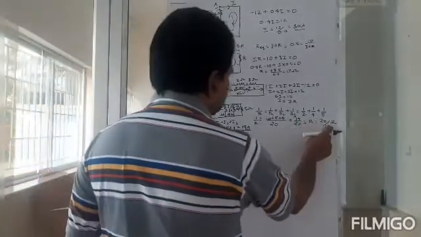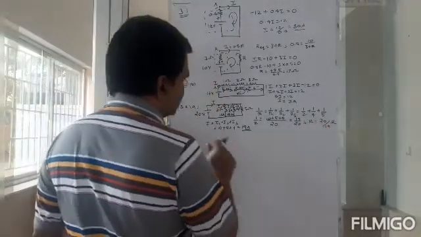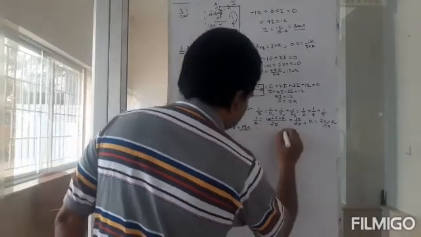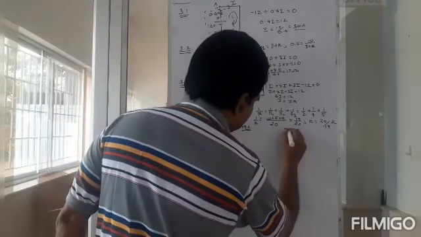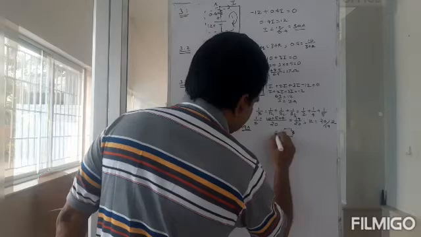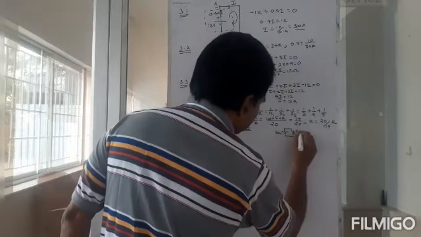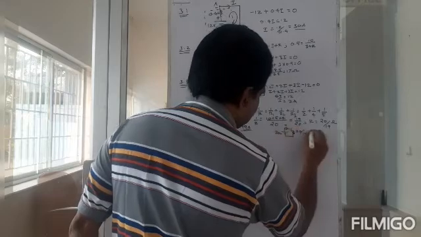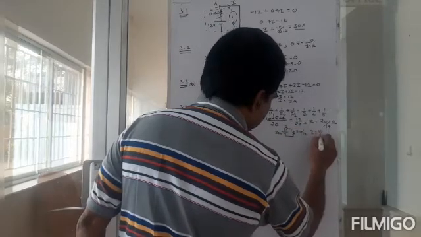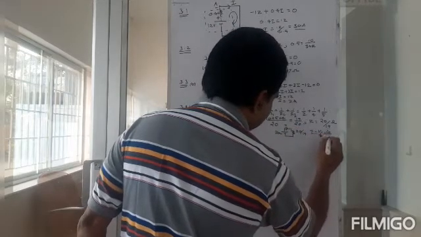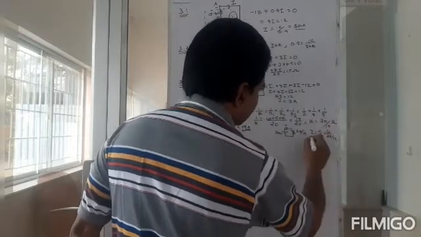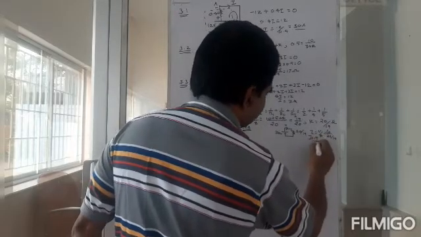So 20 by 19 is the effective resistance, so 20 volts. So I can reduce this circuit to a simple battery and then this resistance, right? So this is 20 volts and this is 20 by 19 resistance. So the current I is equal to V by R, so 20 by 20 by 19, so 19 will come there, so I is equal to 19.